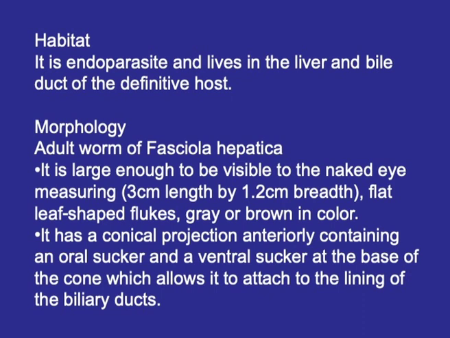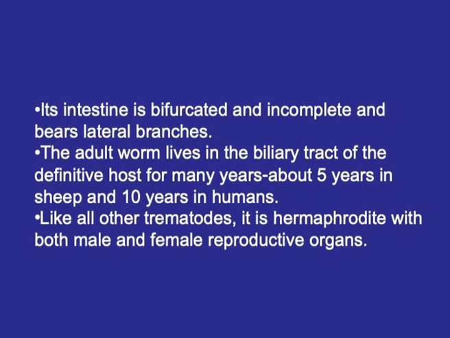The suckers help the organism bind to the bile duct wall or liver walls and absorb the nutrients. They are 3 centimeters in length and 1.2 centimeters in breadth, so they are easily visible with the naked eye, and the intestine is bifurcated. So, it can be divided into 2 halves as they have bilateral symmetry, and they are branched.